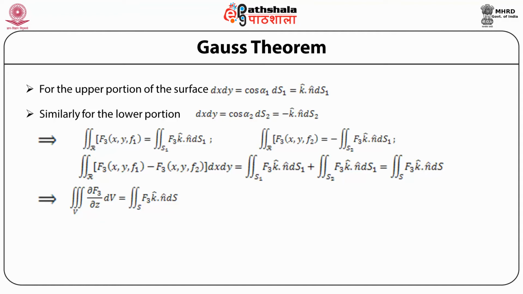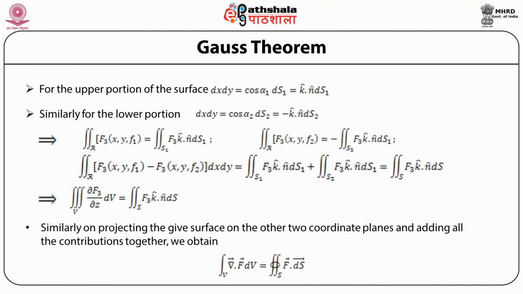This implies that the surface integral over region R of f3(x,y,f1) equals the surface integral over S1 of f3 k cap dot n cap ds1. Similarly, the surface integral over region R of f3(x,y,f2) equals minus the surface integral over S2 of f3 k cap dot n cap ds2.